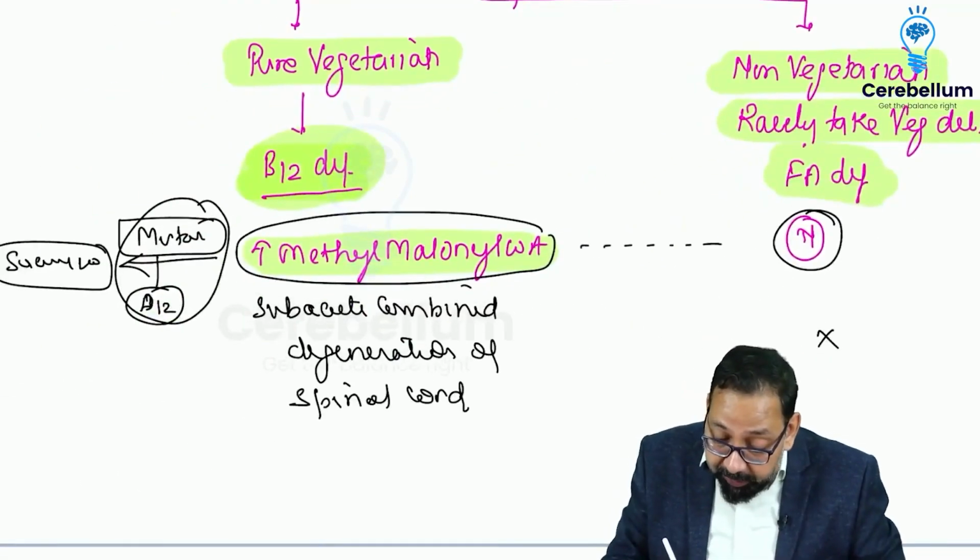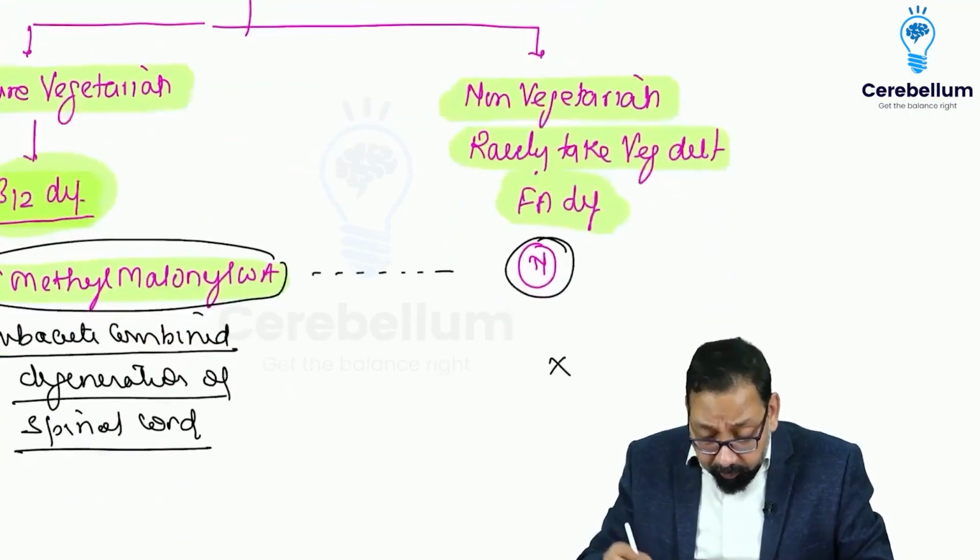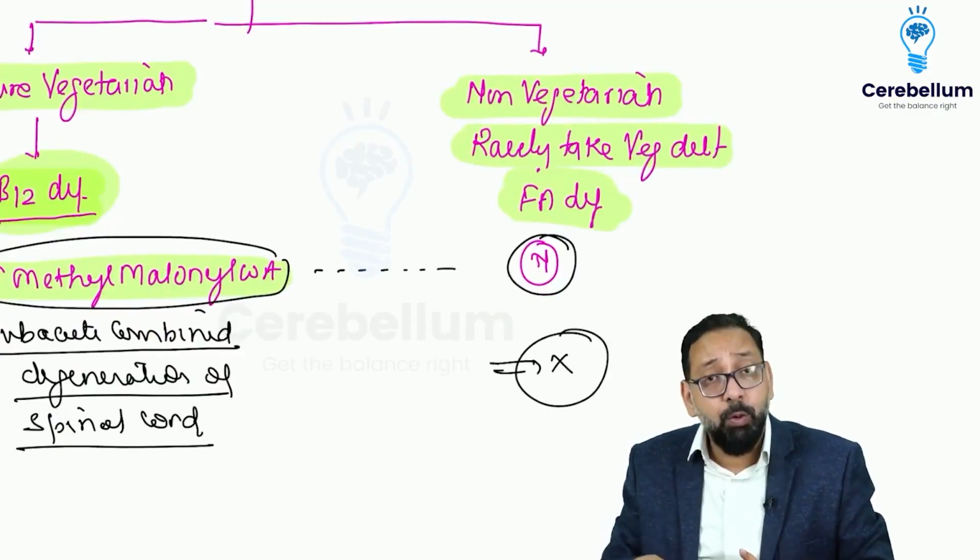In B12 deficiency there would be subacute combined degeneration of the spinal cord; in folic acid deficiency, these symptoms would not be there.